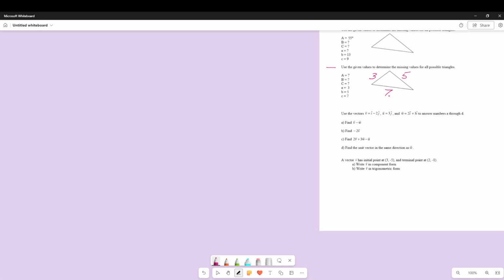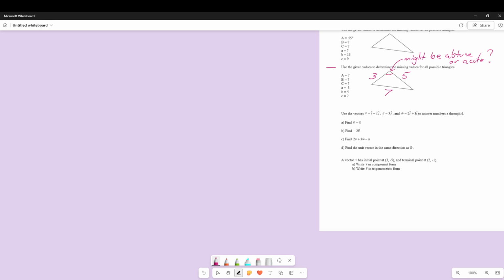Like we mentioned on the problem above, because this angle is opposite of the largest side, the 7, this angle might be obtuse, or it could be acute. We don't know. Which is fine with law of cosines.